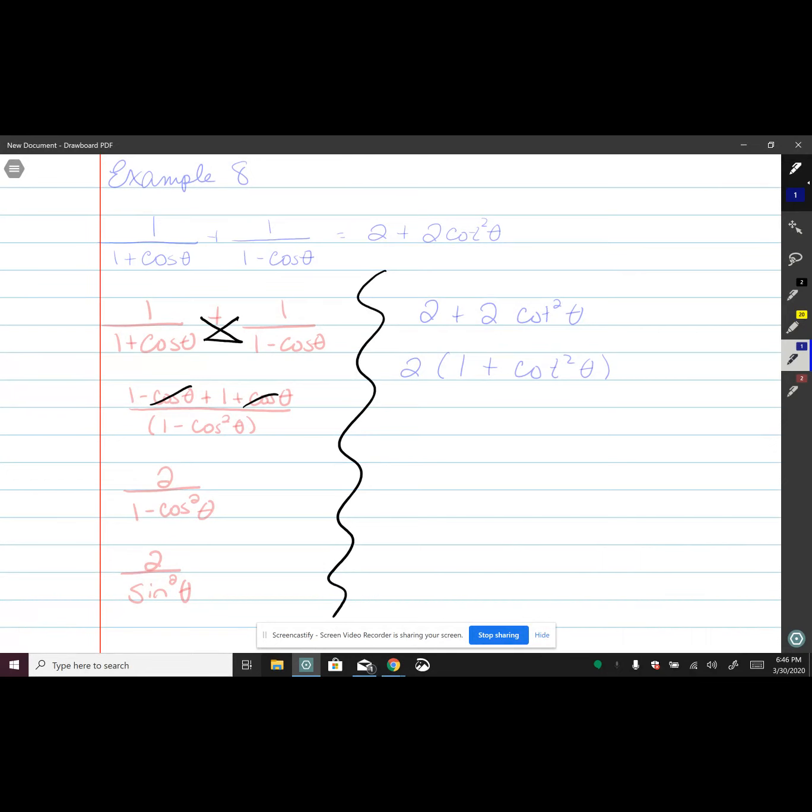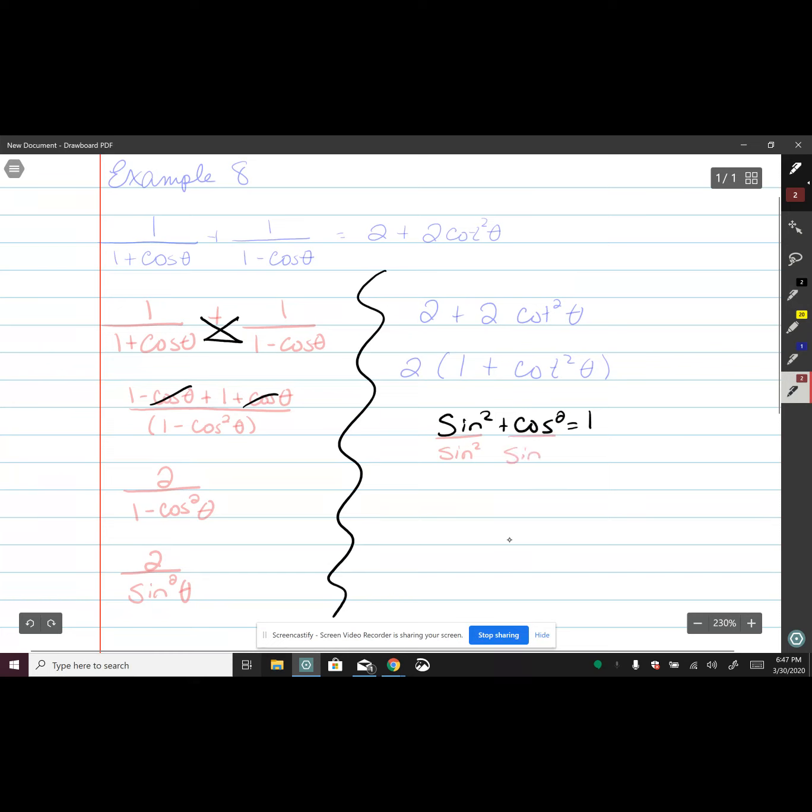Okay. Well, I got this 1 plus cotangent squared of theta. Not really having anything to do with this one except maybe what? What is 1 plus cotangent squared of theta? You have to remember, if we have our sine squared plus our cosine squared and that equals 1, if we divide through, because we want to force cotangent, so we divide everything by sine squared.